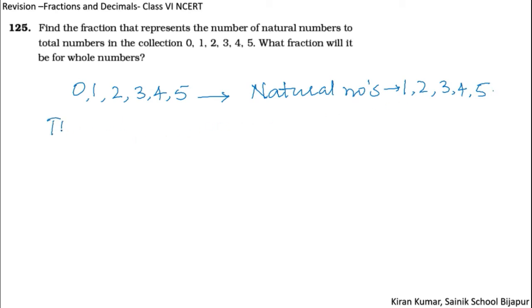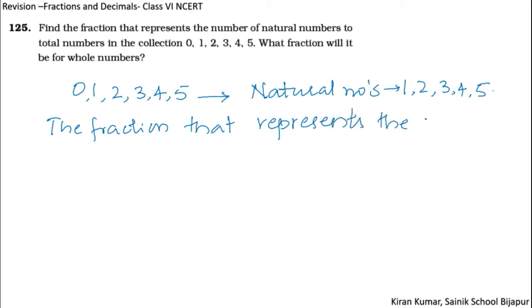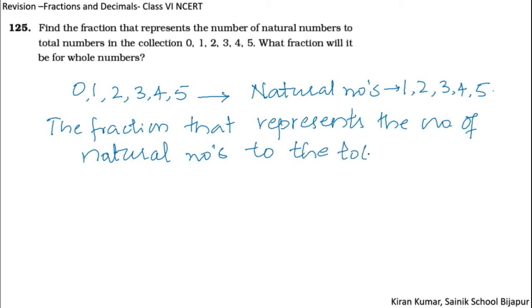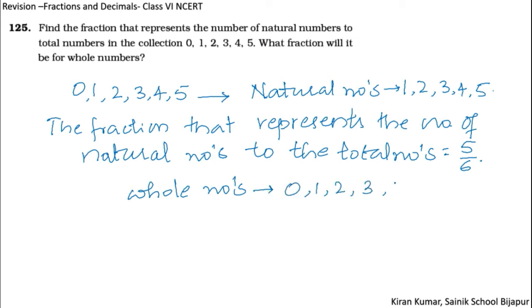So the fraction that represents the number of natural numbers to the total numbers is 5 by 6. Out of these numbers, the whole numbers are 0, 1, 2, 3, 4, 5.